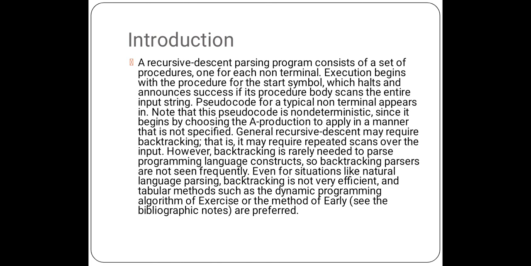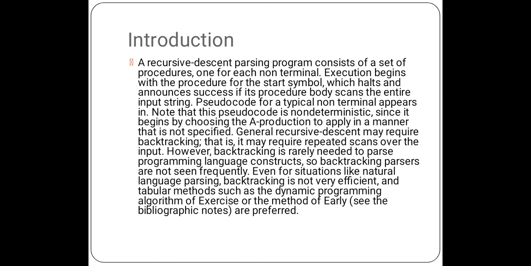The important thing that you have to keep in mind is that for NLP, natural language parsing, backtracking is not a very efficient method, and instead of that we use some other tabular methods. We call it a dynamic programming algorithm, or the method of Earley, which is the name of a person.